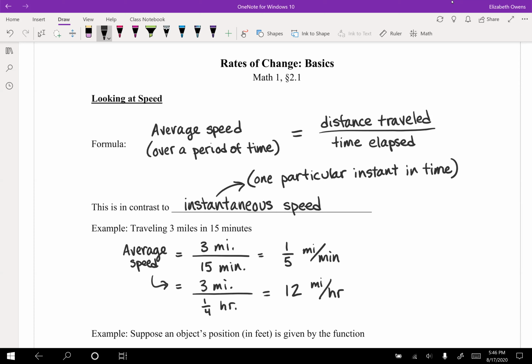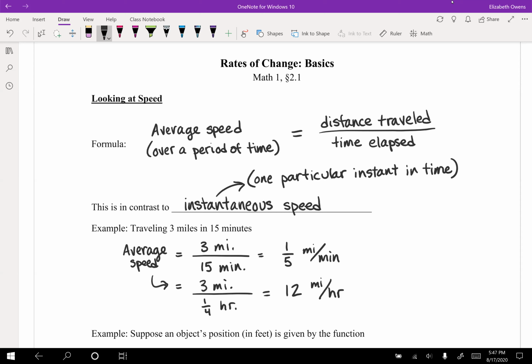That's a number that might seem a little more relatable. We're used to seeing things in terms of miles per hour for the most part. So this says that on average in this little bike ride, you were traveling 12 miles per hour overall.